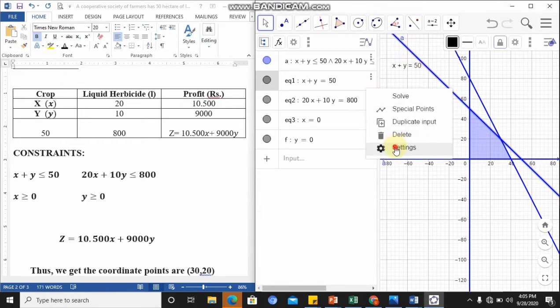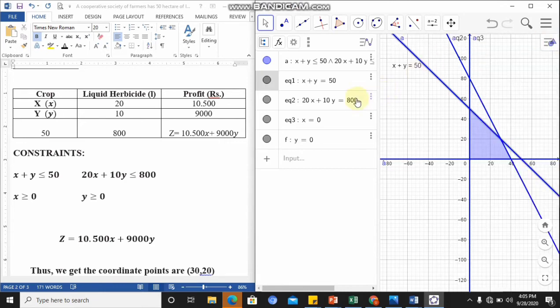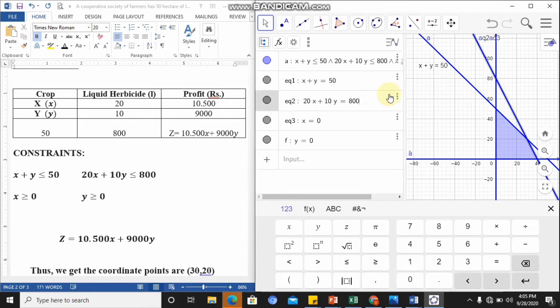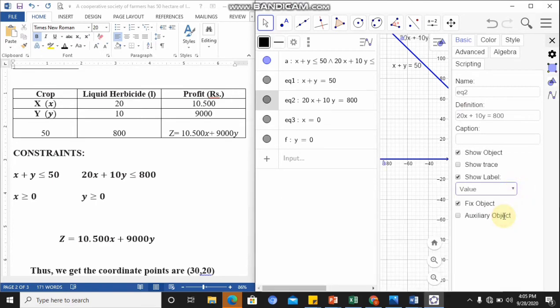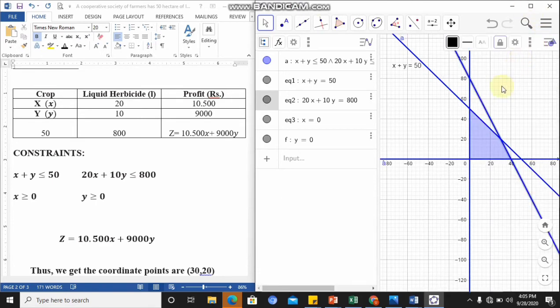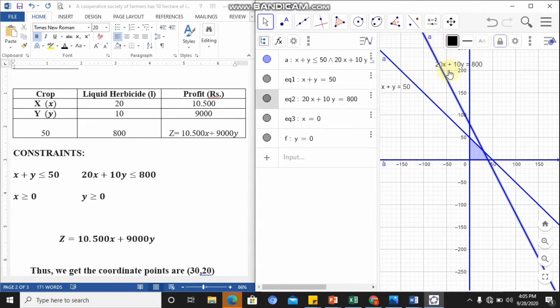For this one, the same way. I'm sorry, for this one. Okay, you can see this is the equation of this graph.